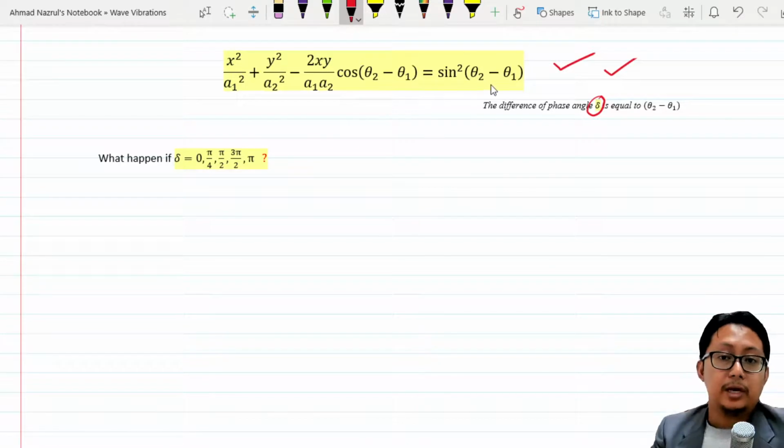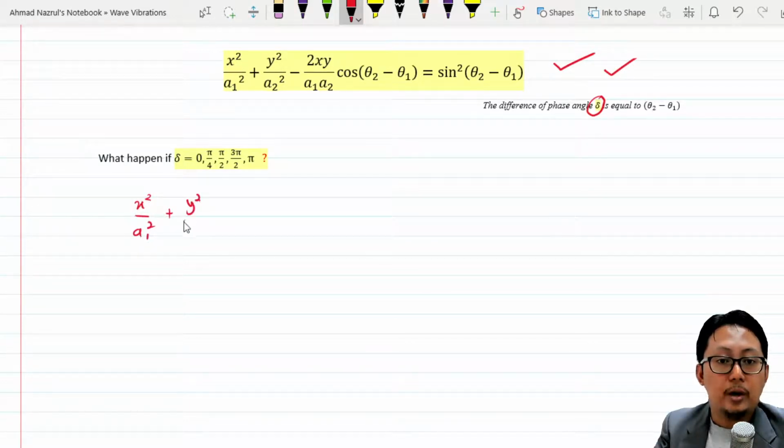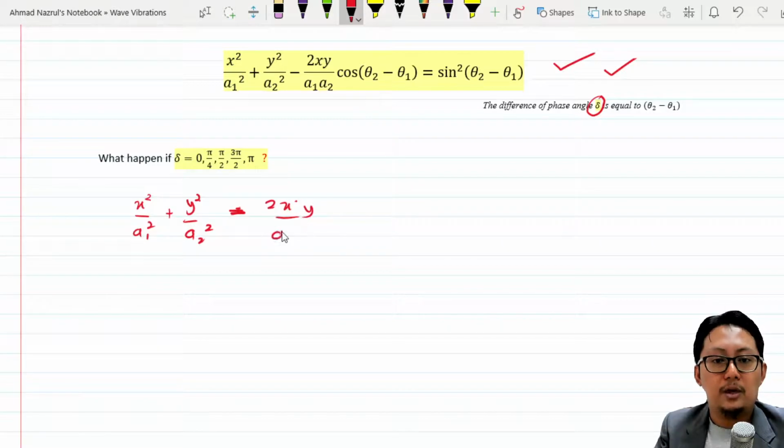So we know that sine 0 is equal to 0 and cosine 0 is equal to 1. So we have here the equation: x square over a1 square plus y square over a2 square, and then the 2xy over a1 a2 term goes to 0.